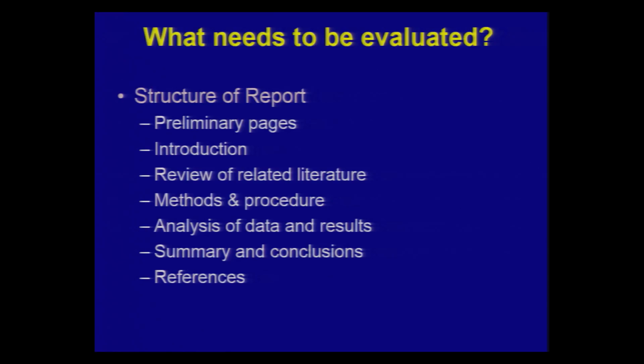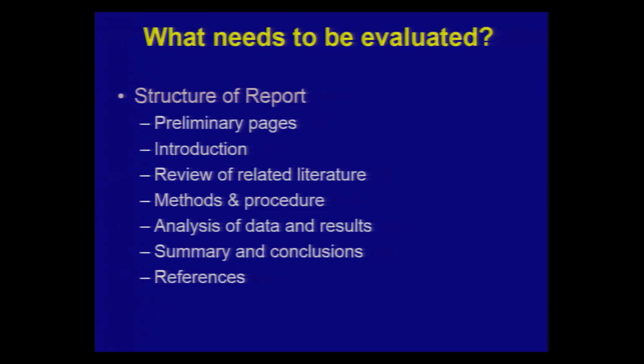And then a chapter which follows is on methods and procedures which have been followed to undertake the research. And the next chapter includes the data analysis and results. And the last chapter is on summary and conclusions, and then a report consists of references, the work which have been cited in the research report.